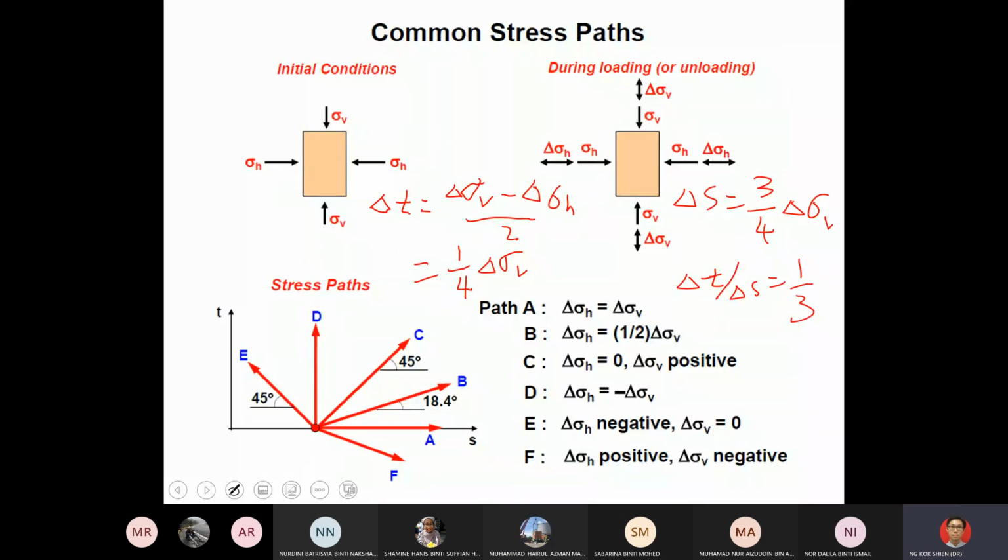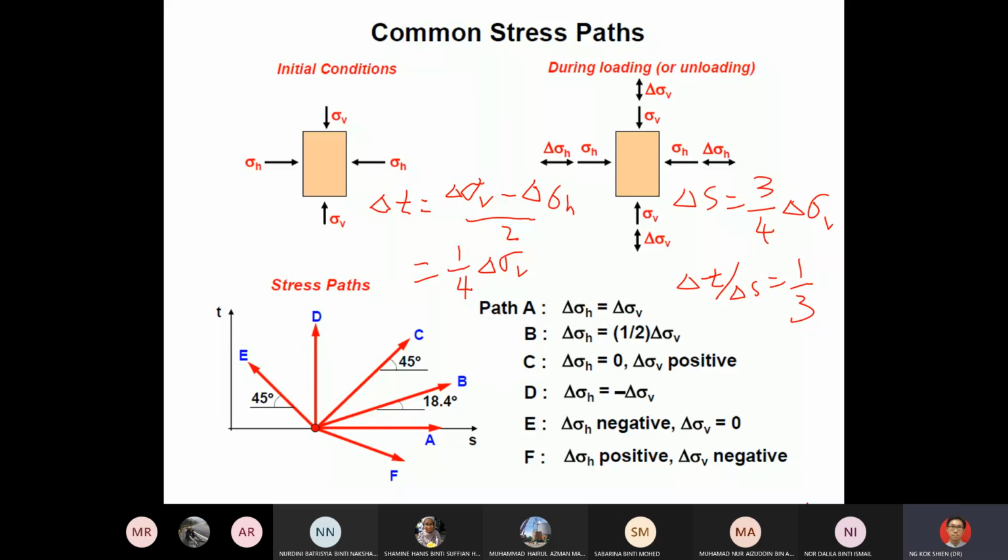So find its angle. I can use tangent inverse to find this angle, so it will be 18.4 degrees. You can try it for other different conditions. If the condition is delta sigma H equal to negative delta sigma V, then you will get a straight vertical line like that.